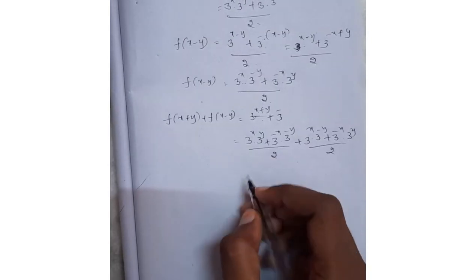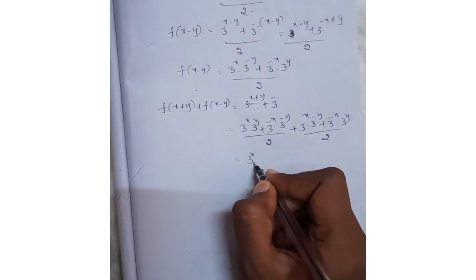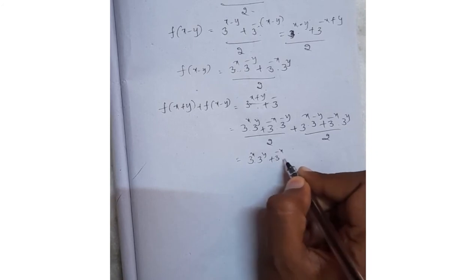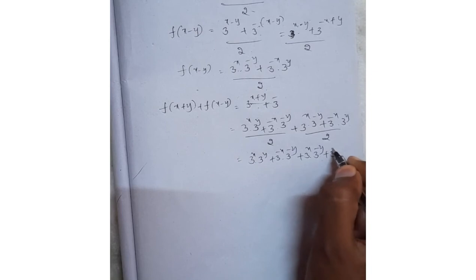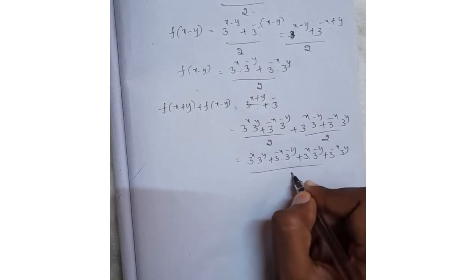As the denominators are the same, we can add the numerators: 3 power x into 3 power y plus 3 power minus x into 3 power minus y plus 3 power x into 3 power minus y plus 3 power minus x into 3 power y, by 2.